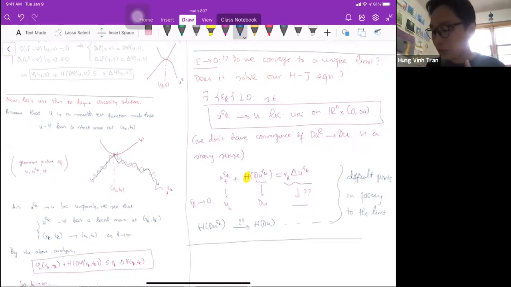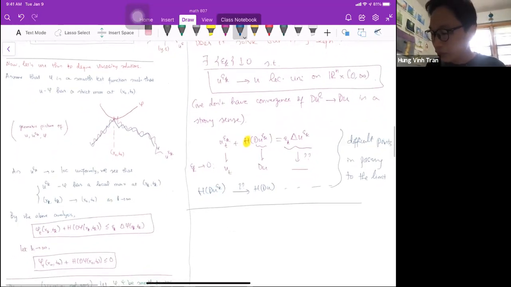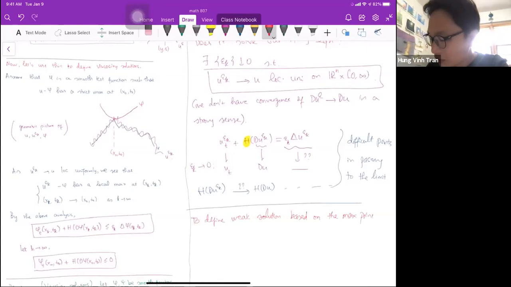So the key point now is to define which solution, based on the maximum principle. Okay, so this is a very smart way.